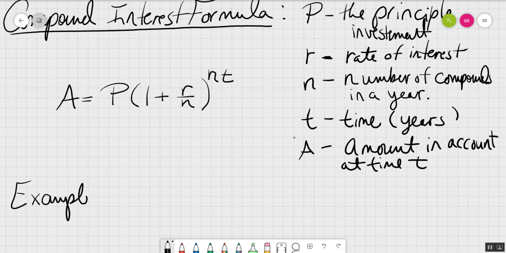So for this example, I'm going to use the same amount of money, but then compound it a bunch of different times.